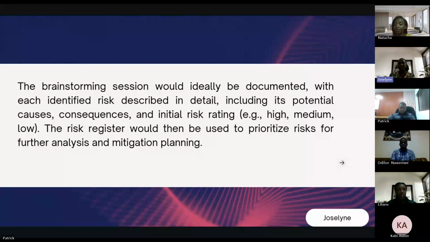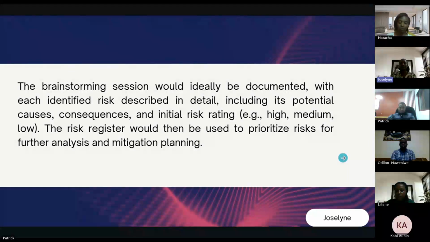You are able to rate them as a high, medium, or low risk, which gives you a way to prioritize them and see how to mitigate them according to their rank. The risk register will then be used to prioritize risks for further analysis and mitigation plan.